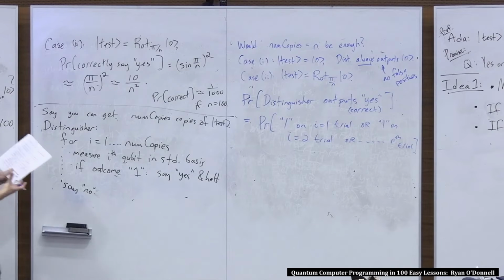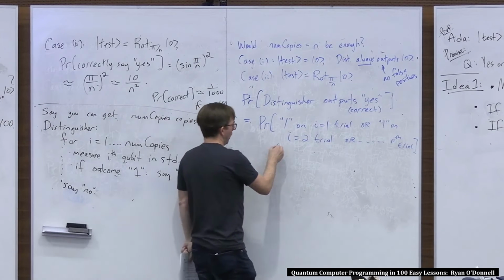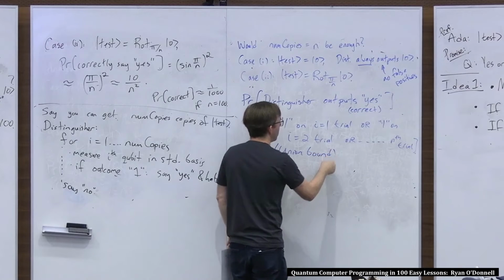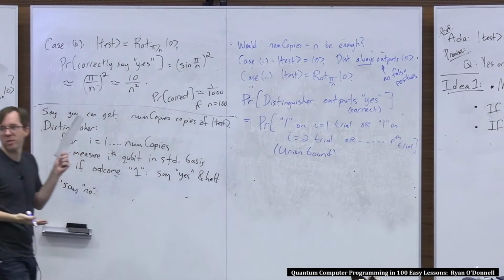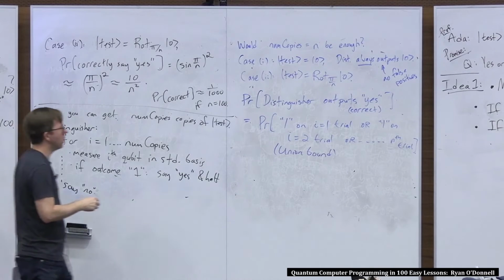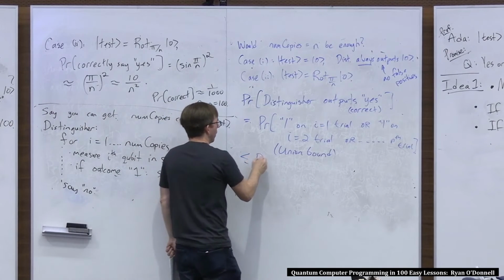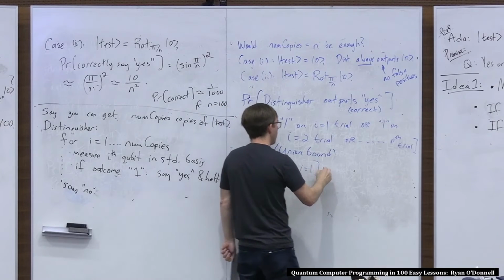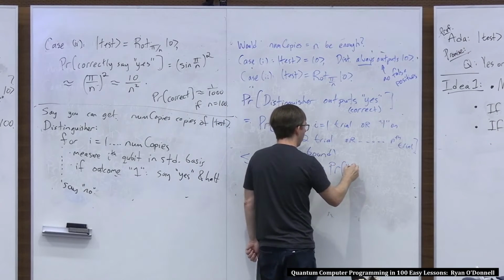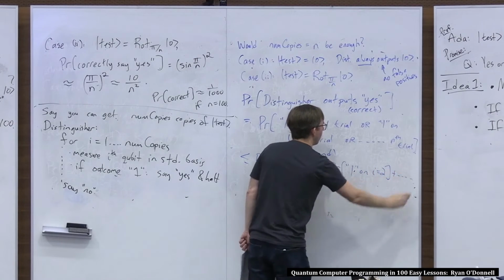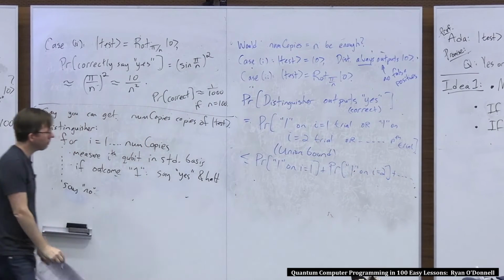So you will always, I hope, know in your life to use the union bound, which says that the probability of an OR of a bunch of events is at most the sum of the probabilities. So this is at most the probability that you see a 1 on trial 1 plus the probability you see a 1 on trial 2 plus... there are n terms.